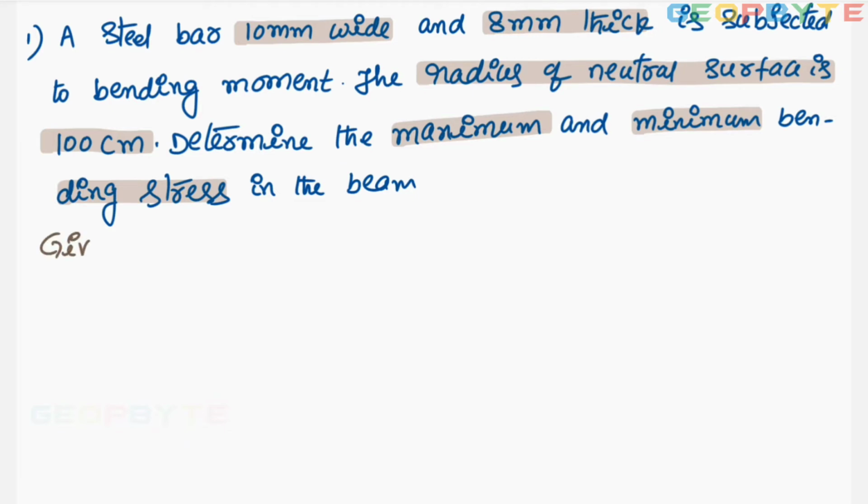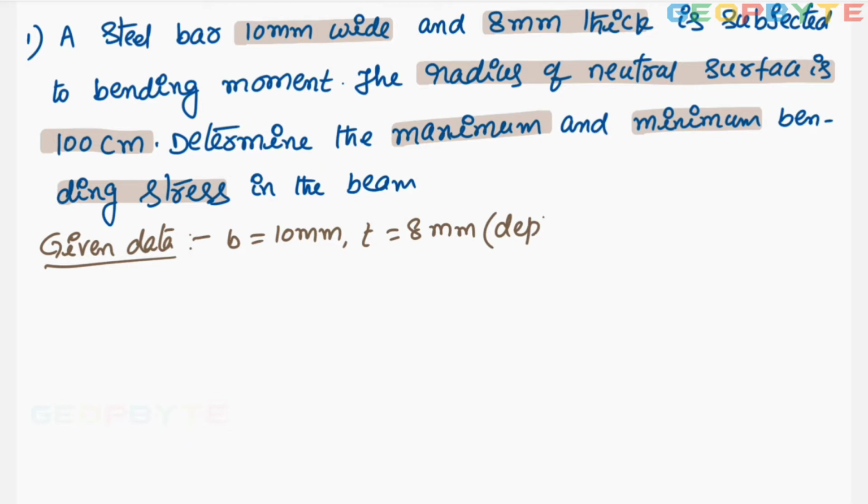First let us write the given data. The width of the beam equals 10, thickness of the beam equals 8. This thickness is the depth, D equals 8, and the beam is subjected to a bending moment. The radius of neutral surface, radius of curvature, equals 100 centimeters, equal to 1000 millimeters.